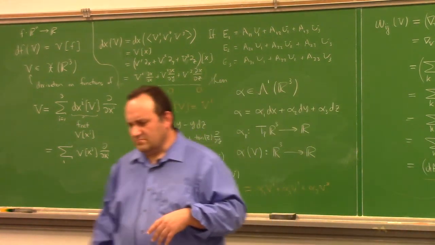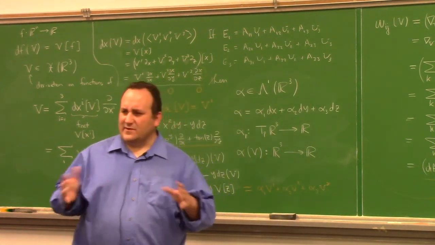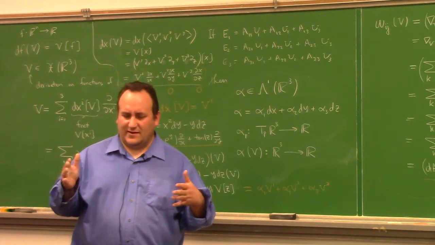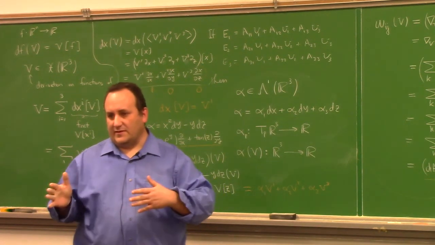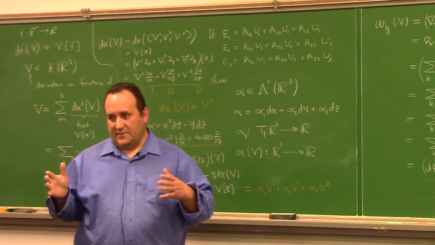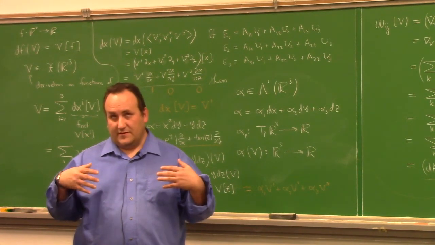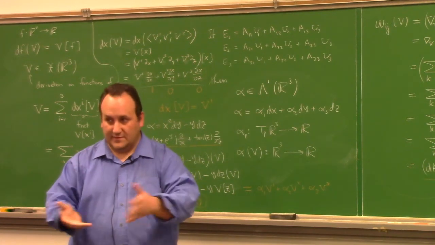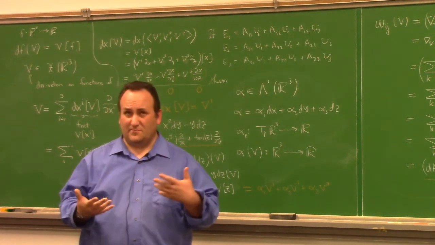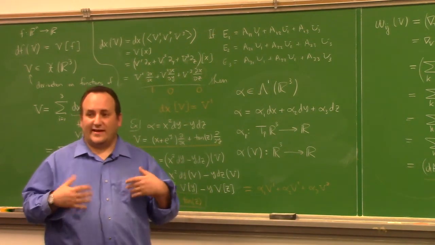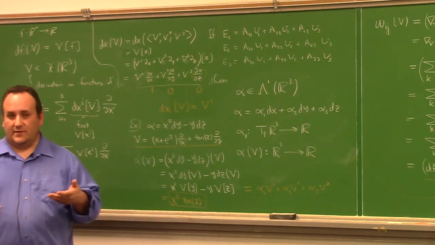So if you feel like there was kind of a bait and switch, I mean, there's a cognitive jump between what I was doing originally and what O'Neill is doing. You're right. It's because to start with, I wasn't letting differential forms act on other things. But there is a natural way to let differential forms act on vector fields.